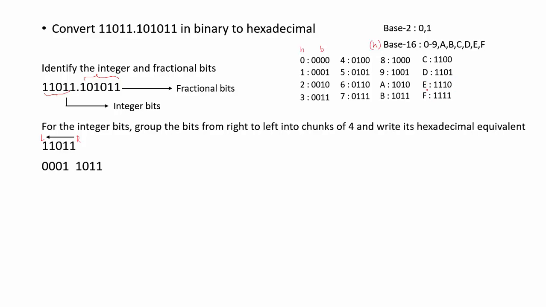E, which is 14, will be 1110. And 15, which is F, will be 1111. Now we have grouped this into chunks of 4. Now we have to identify what these 4 digits will be in hexadecimal. So 1011 will be B, and 0001 will be 1.